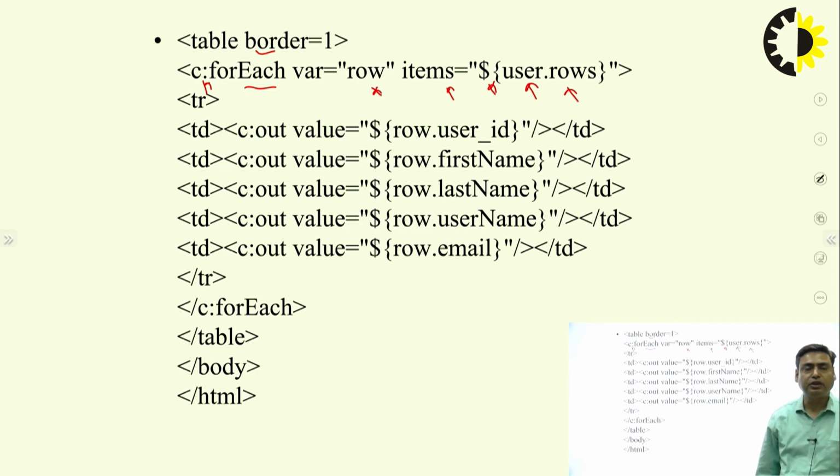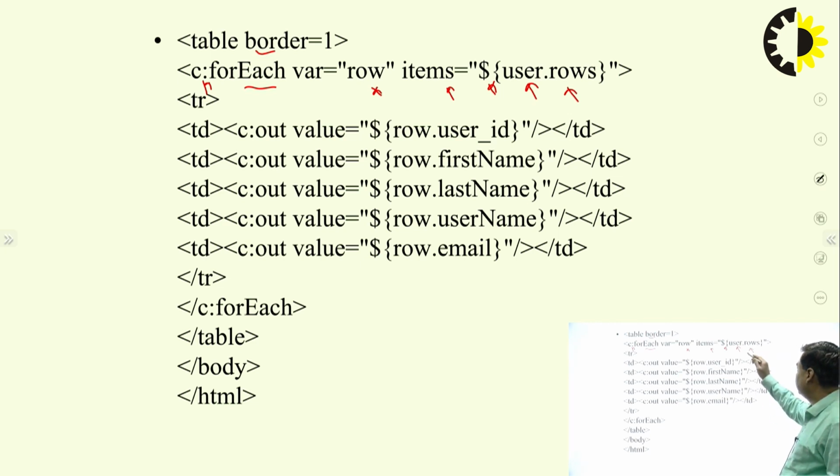If you are not using it, it will increase the number of statements in your JSP program. So basically this example is showing the use of JSP actions as well as JSP expressions. When you combine both, your program will be enriched and it will perform in a very fast way.